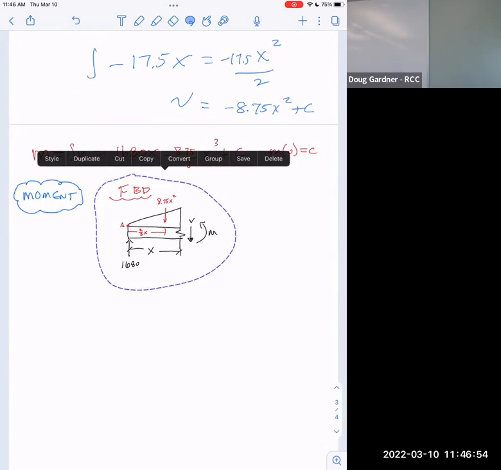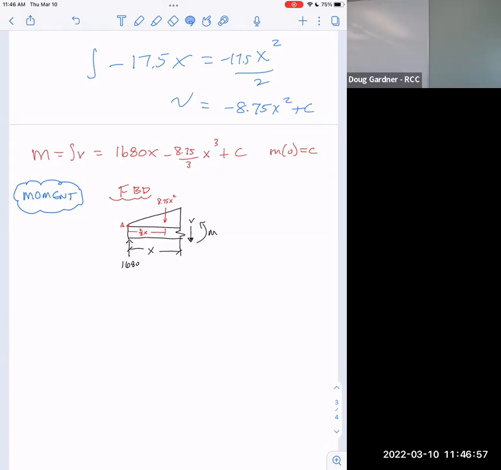So what is the sum of the moments around point A? Well, I've got M over there. It's already a moment. It doesn't have to be multiplied by anything. That's why it's very important to draw that as a curve so you understand.